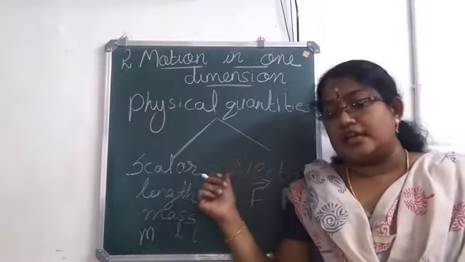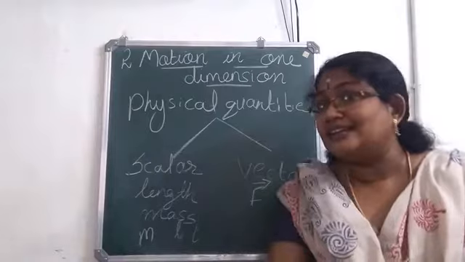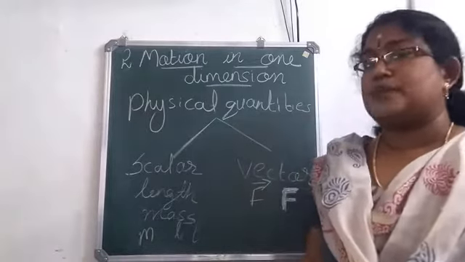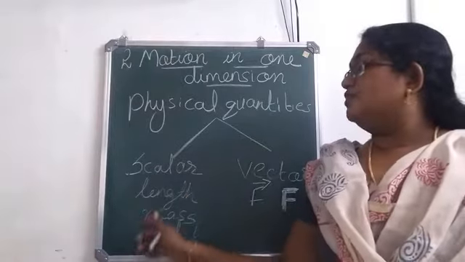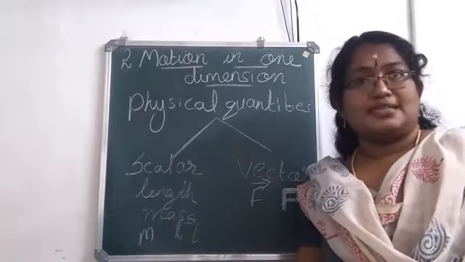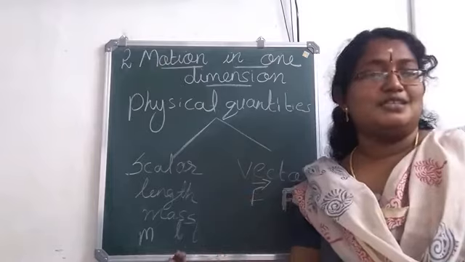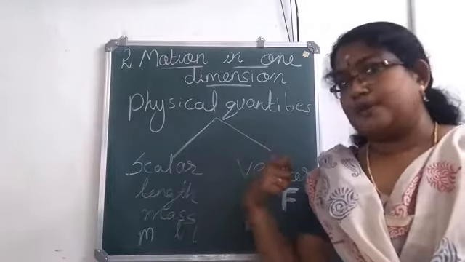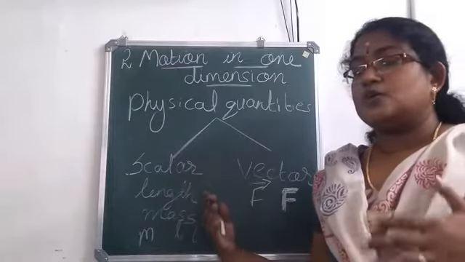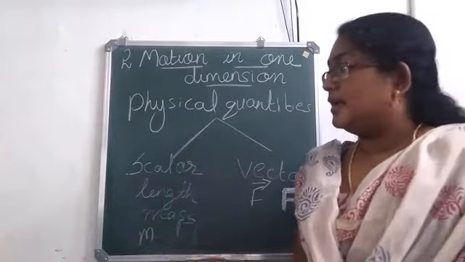Quantities which require magnitude, unit and direction to get represented can be considered as vector quantities. Examples for scalar quantities: length, mass, time, etc. For vector, force, displacement, velocity, many quantities are there. So when it comes, I will tell you. Okay. Since we didn't learn about velocity and all, I am not mentioning it now.